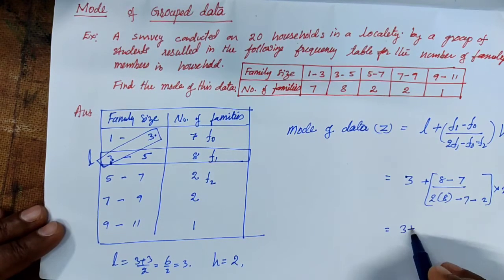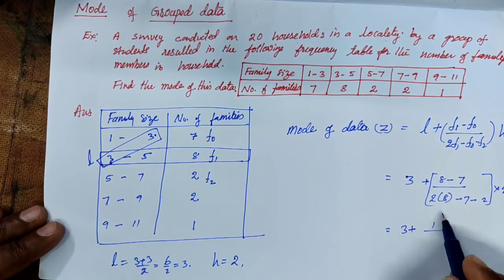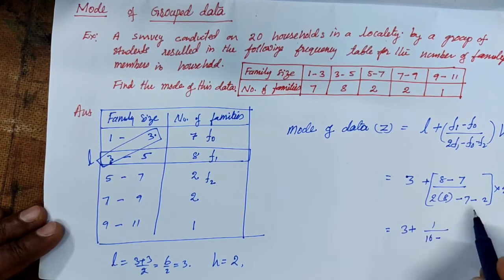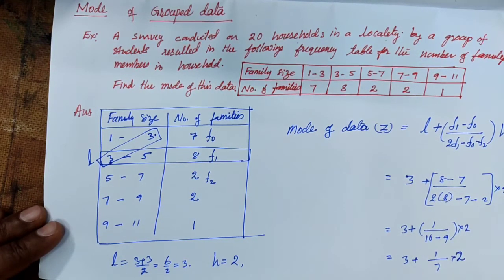Now 3 plus 1 by, 8 twos are 16, minus 7 minus 2, minus 9, into 2. So 3 plus 1 by 16 minus 9, that is 7, into 2. So 3 plus 2 by 7.